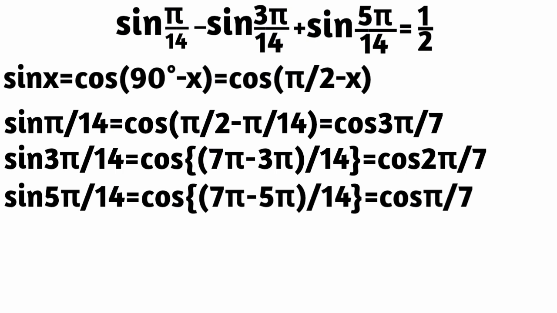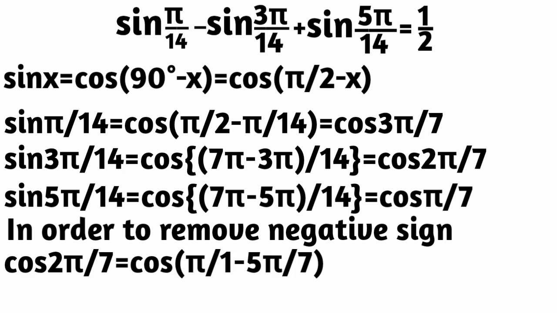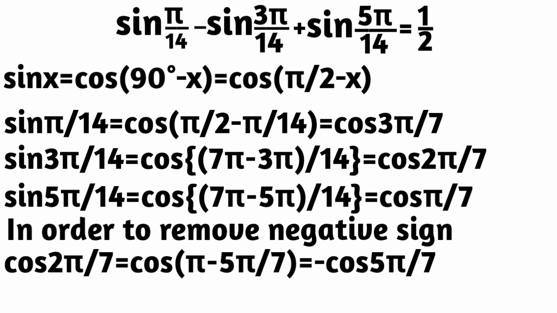Also, the term sin 3 pi by 14 is negative, so in order to make it positive we have to express cos 2 pi by 7 in another form, which can be written as cos (pi minus 5 pi by 7). This value will be equal to minus cos 5 pi by 7.